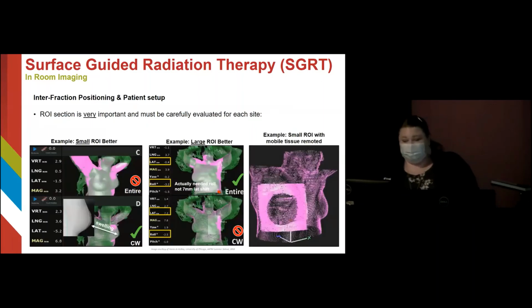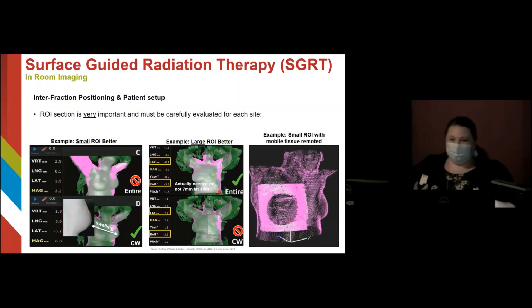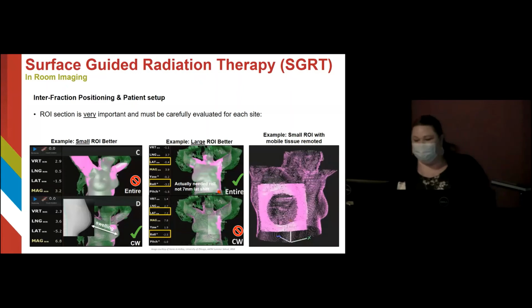One challenge is choosing the most appropriate surface ROI. In general, you can start by choosing a large ROI to help with large postural corrections and then crop it down to a more relevant tissue. However, it really does depend on the site and situation. Here on the left, you can see a case where the large ROI failed to detect significant breast swelling, but the small ROI correctly detected a large magnitude difference.